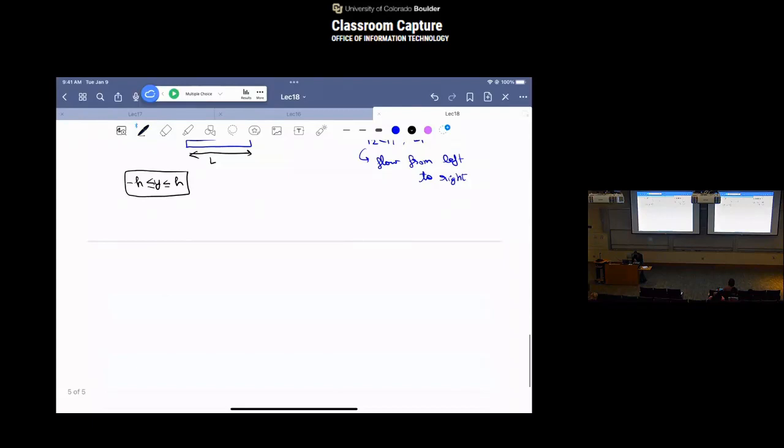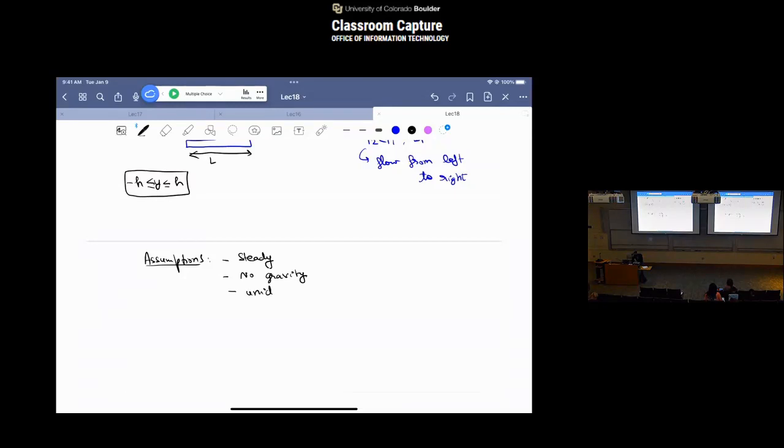So some assumptions are: steady, no gravity, very similar to last time, and unidirectional.